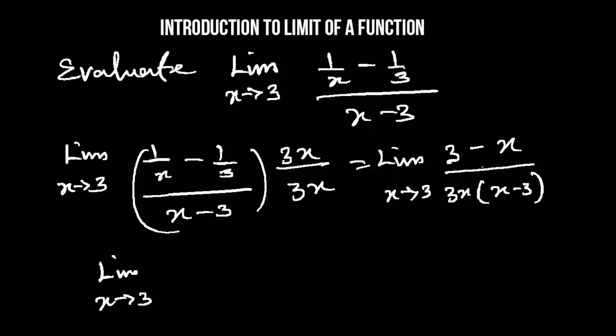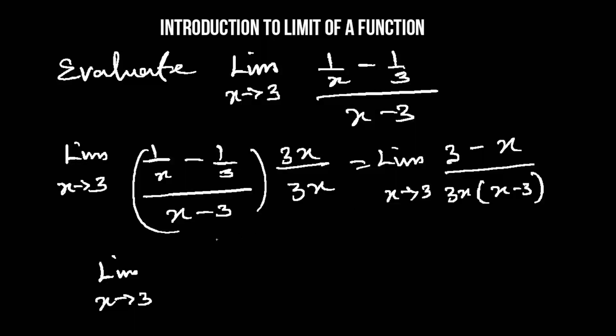I want the one above to look like the one below, so all I need to do is to multiply both numerator and denominator by negative.